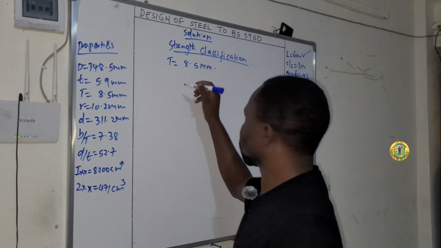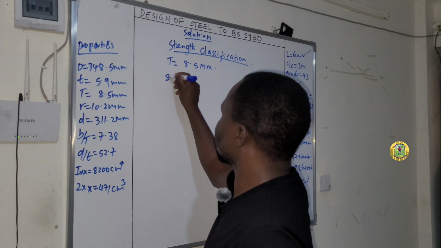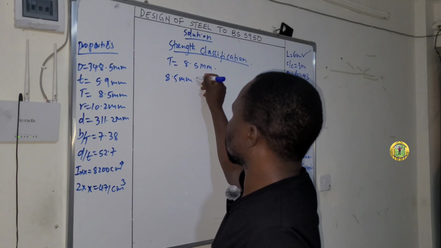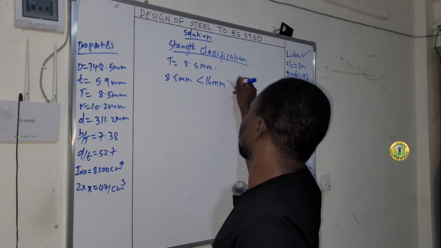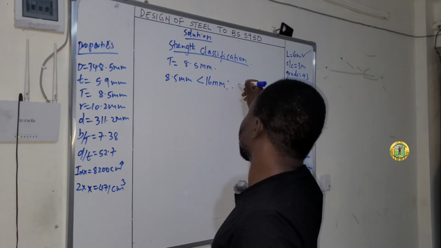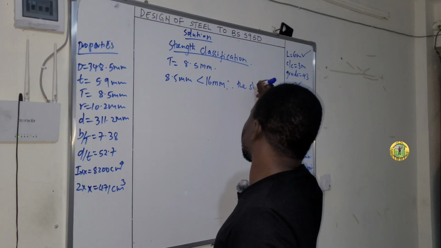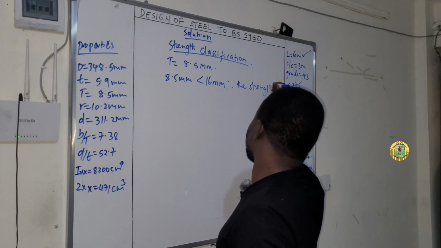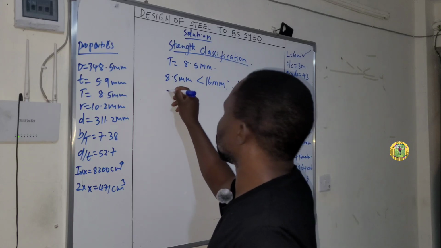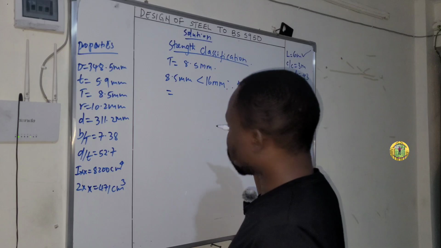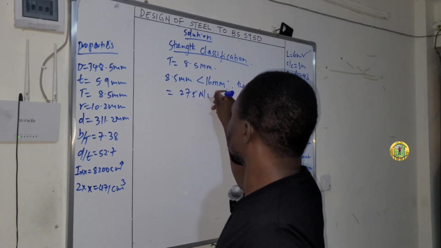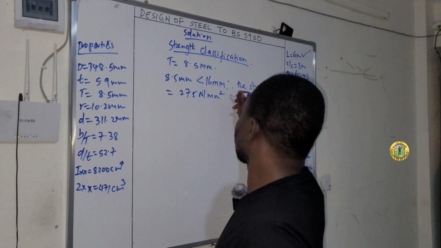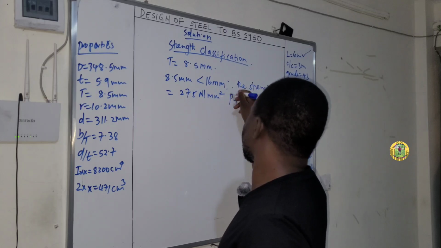T, which is 8.5, is less than 16 millimeter. Therefore, the strength is equal to 275 Newton per millimeter square, and this is the Py.